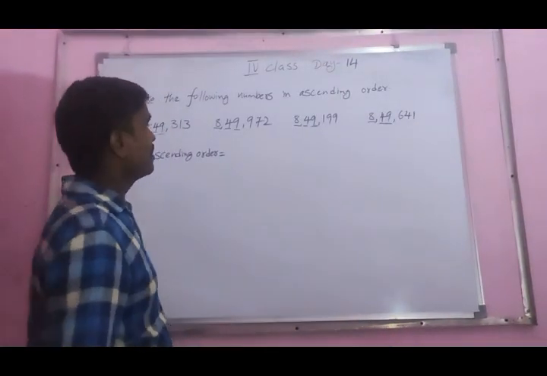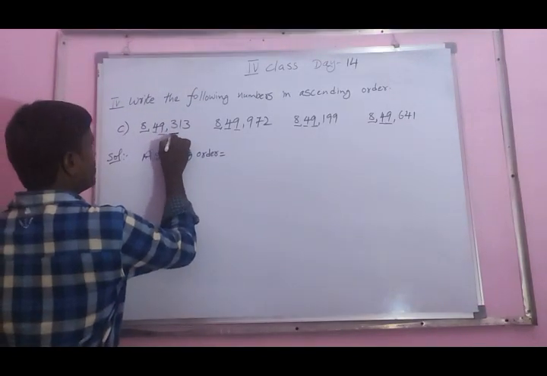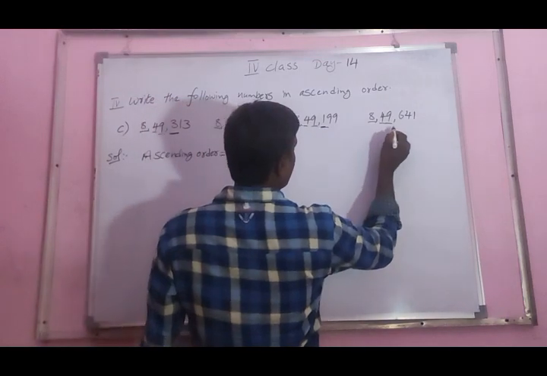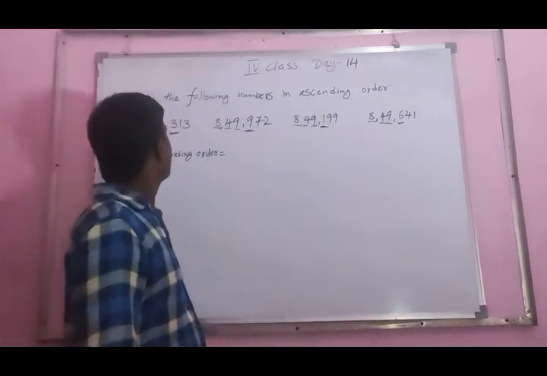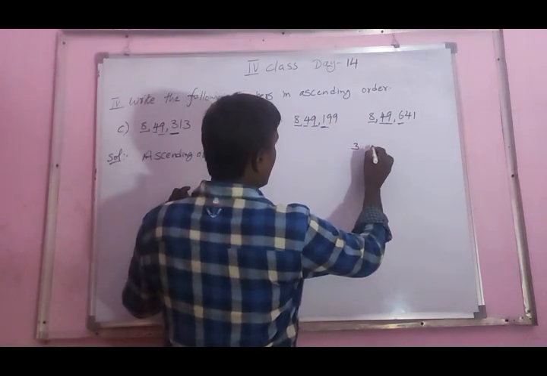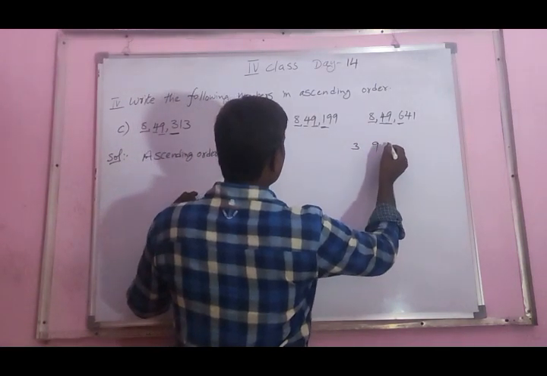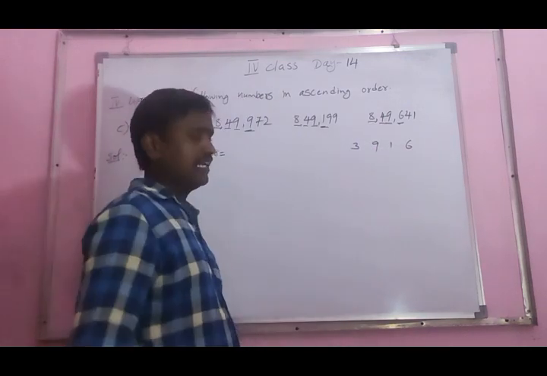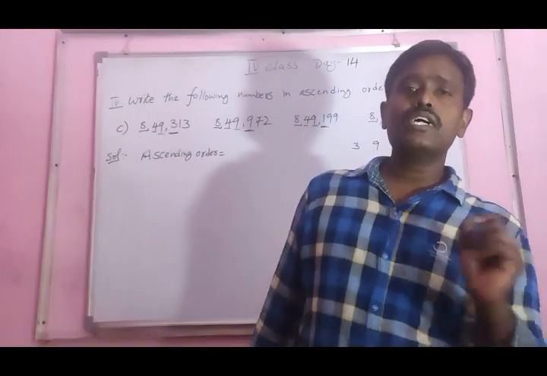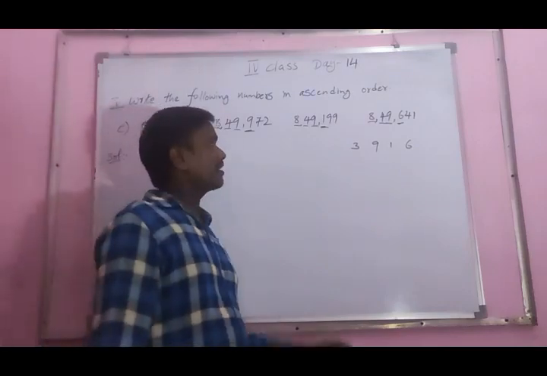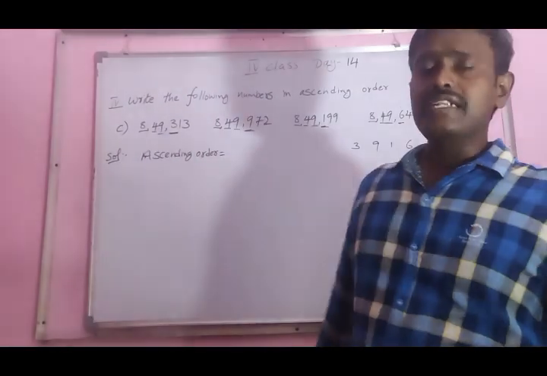The 100 places are here 3, here 9, here 1, here 6. Yes, we know that 1 is the small number than the remaining numbers.